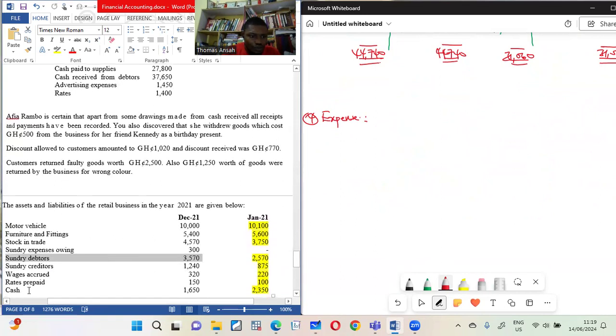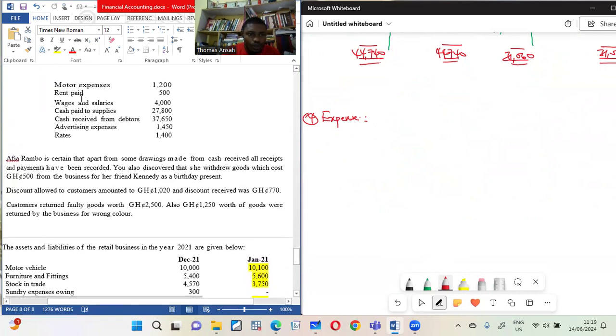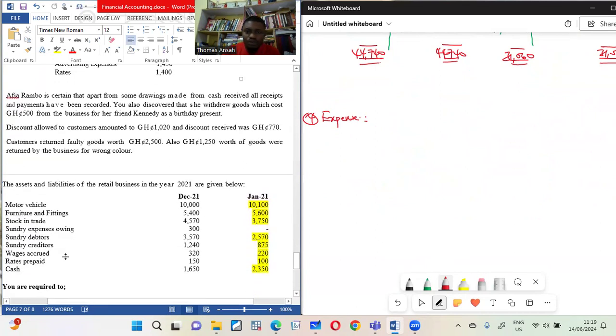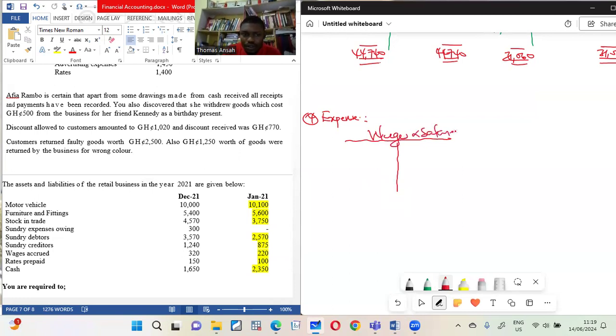Do we have rent issues here? No. So we will keep it once. Wages and salary 4,000. There's another wages that are accrued. So wages are accrued here. So let's create wages and salaries. Wages and salaries. So wages accrued, we have wages accrued.